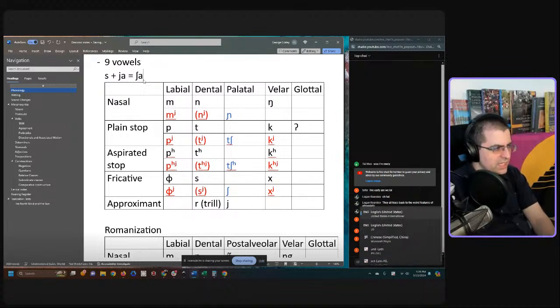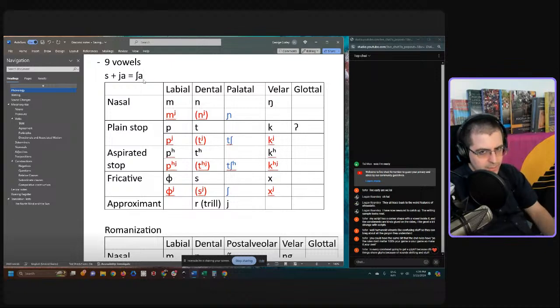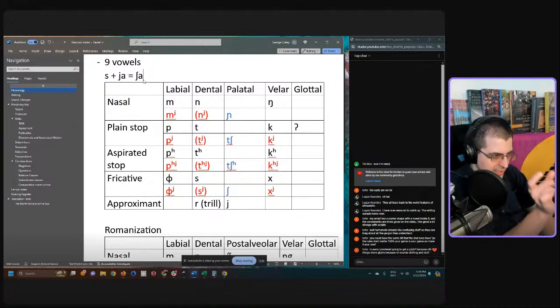There's something like this that happens in Japanese where you combine like the shi with a tiny ya or ye or yu in order to get the sha, she, whatever you need there.